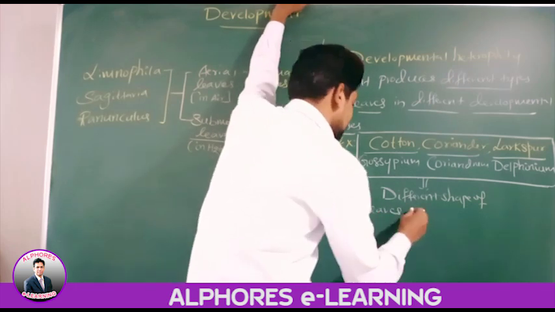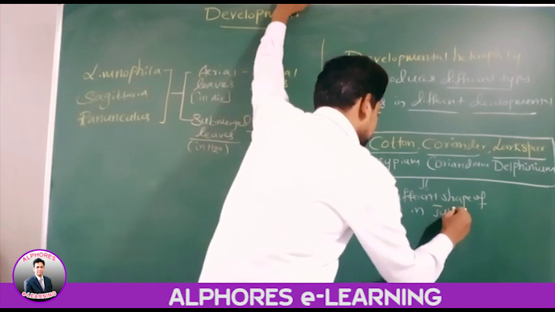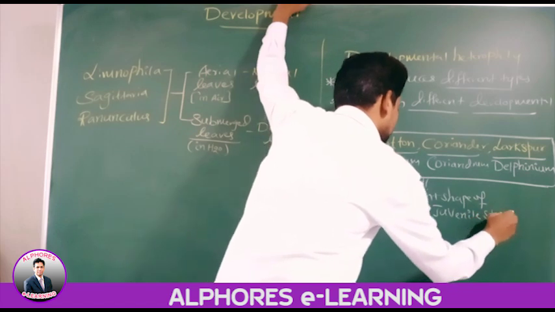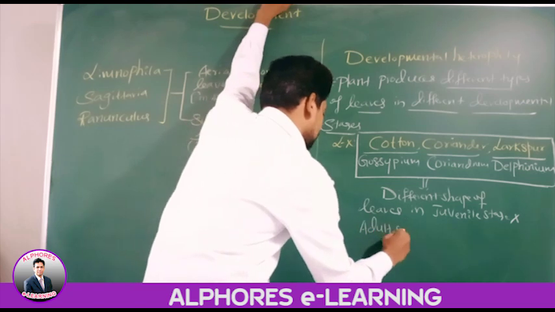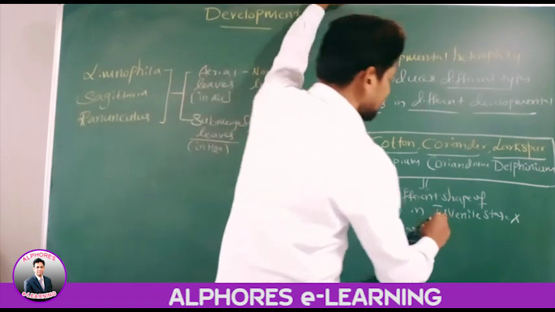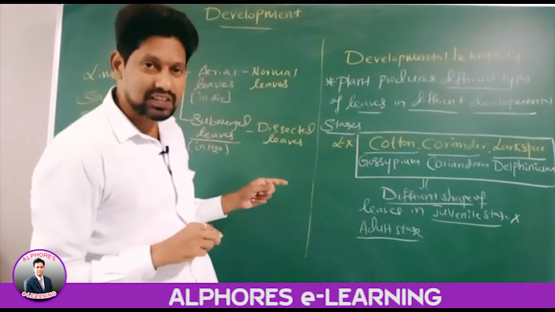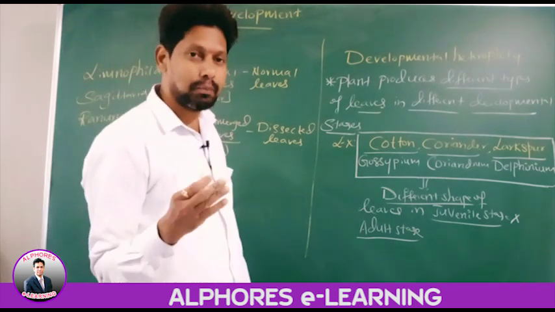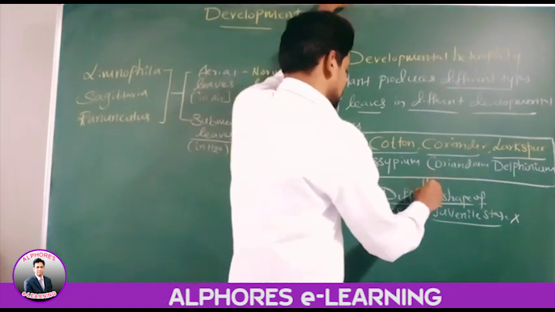Different shape of leaves in what and what? In juvenile stage and adult stage. Does the plant have the same shape of leaves in the adult stage also? No. So the plant is producing different shapes of leaves in different developmental stages.